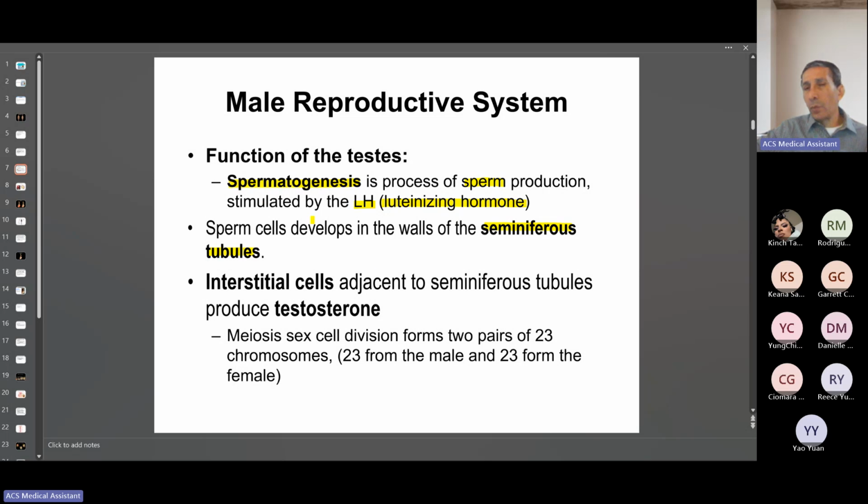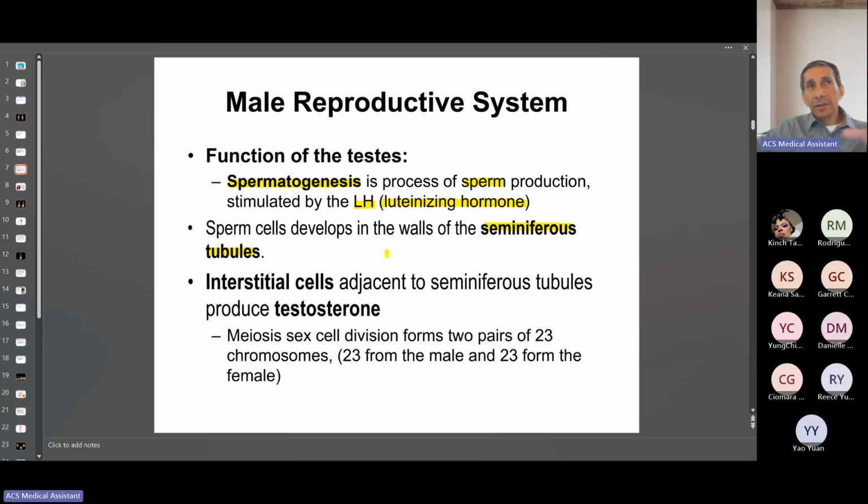Later on, we're going to talk about the difference between just the sperm and the seminal fluid, the semen. But it's important that you understand this, otherwise you're not going to understand the purpose of having sperm and what the seminal fluid is. In the next slide, we're going to have a diagram of the testicle, and we're going to see exactly where the seminiferous tubules are and what they look like.